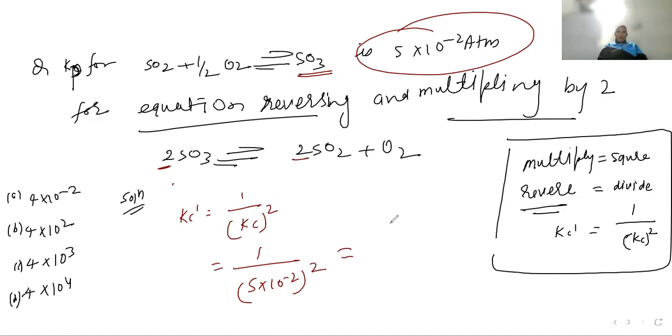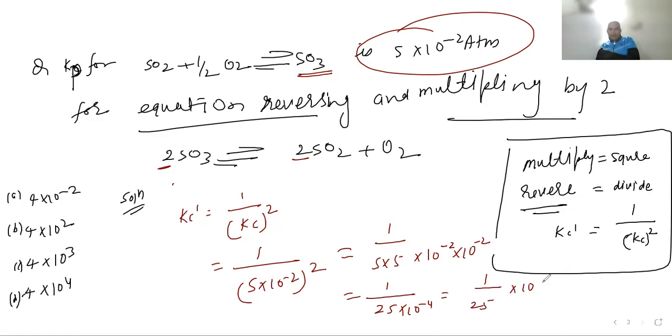So we will multiply. So for this, what will be the value? 1 upon 5 into 10 power minus 2 into 5 into 10 power minus 2. So 1 upon 5 fives are 25, 25 into 10 power minus 4. So 1 upon 25 into 10 power 4 is the numerator.